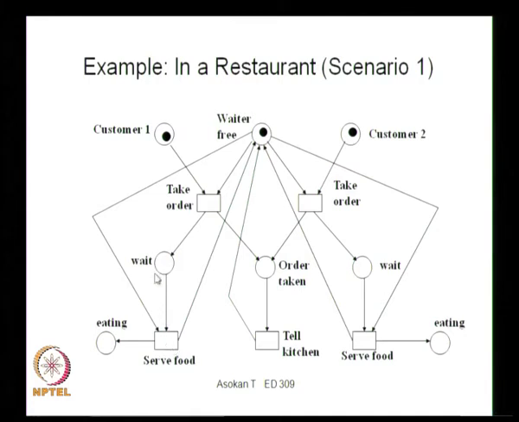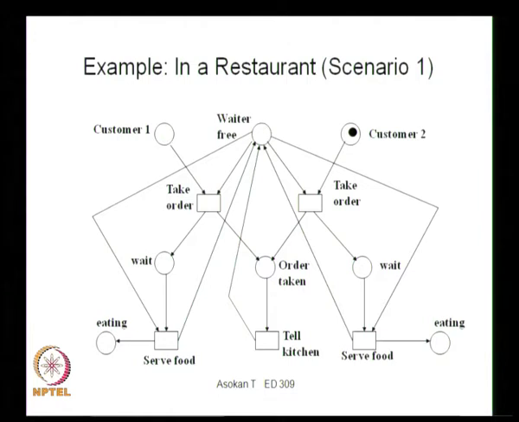These two are needed for this transition: the customer is waiting and the waiter is free, only then can that transition take place. So the relationship needed for a transition can be represented using these arrows and the tokens. Now let us see how this takes place.